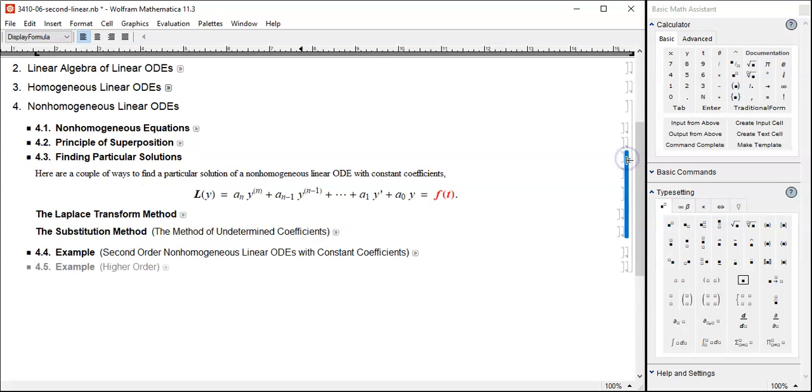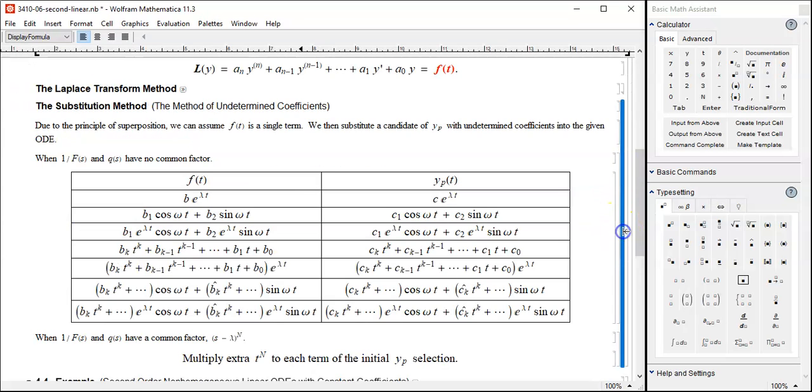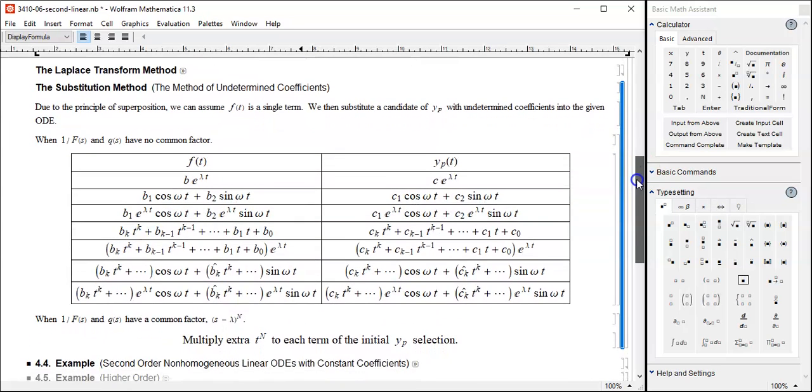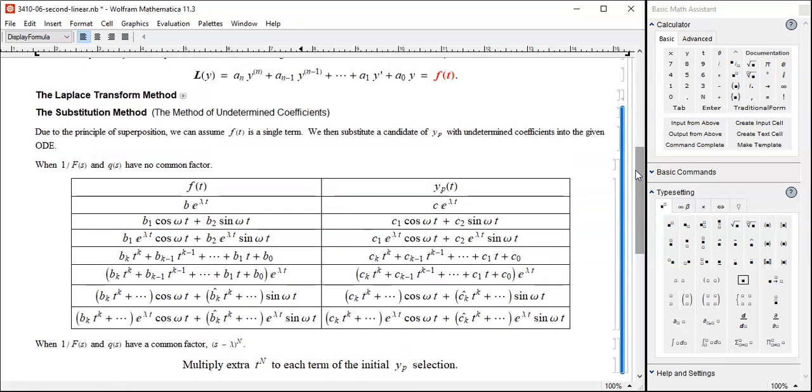Let's go to this 4.3, and let's open this. And here's a table. I forgot the page number from our textbook, but I'll post it in Canvas. It's taken from our textbook. So if the right-hand side, the non-homogeneous part, is like this, then we start with this kind of educated guess.